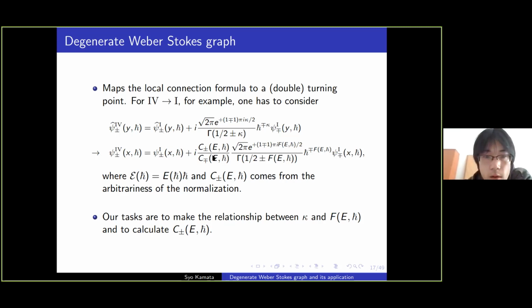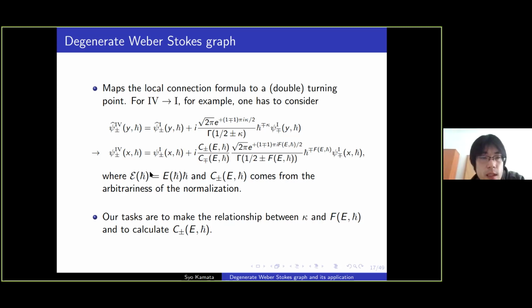Now we replace this kappa with F, and we also put C, which basically comes from the arbitrariness of the normalization.